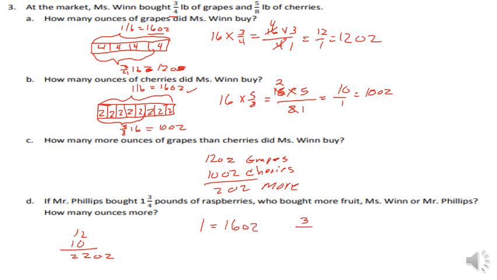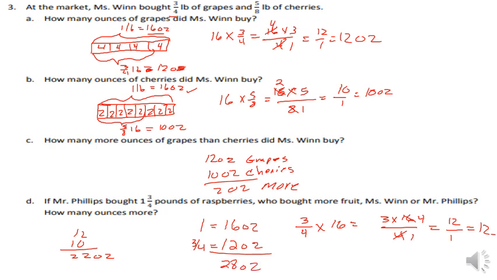So I need to convert the 3/4. I know 3/4 times 16 ounces would equal 3 times 16 over 4. 4 goes into 4 one time, 4 goes into 16 4 times. So it'll be 12 over 1, which equals 12. So he bought 12 more ounces, because that would have been a 3/4. So he bought 28 ounces.